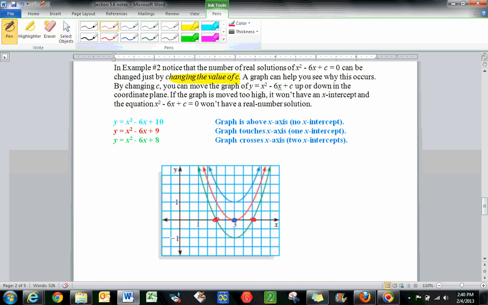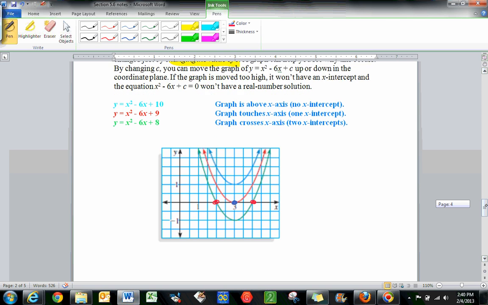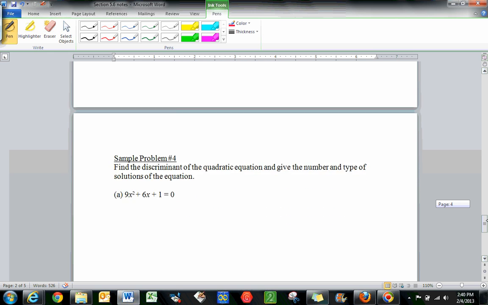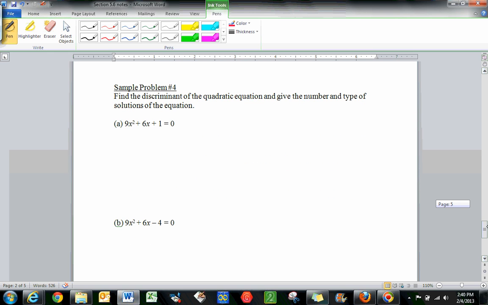This is the culmination of all of that work. There's an easy, quick way to figure this out, and that's through the use of the discriminant. We want to figure this out a little bit ahead of time so that we know what we're dealing with before we even come to the final answer.